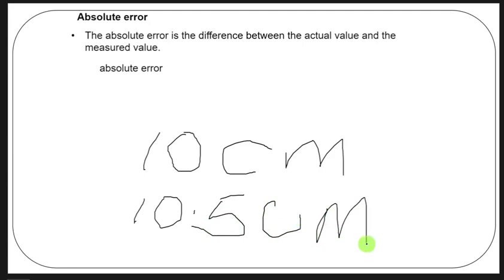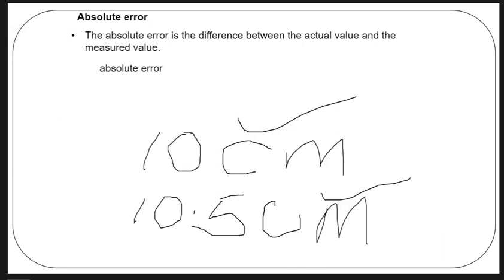So this one is called the actual value, and this one is called the measured value. The difference between the measured value and the actual value will give you what? The absolute error still. So this is another way of showing it.